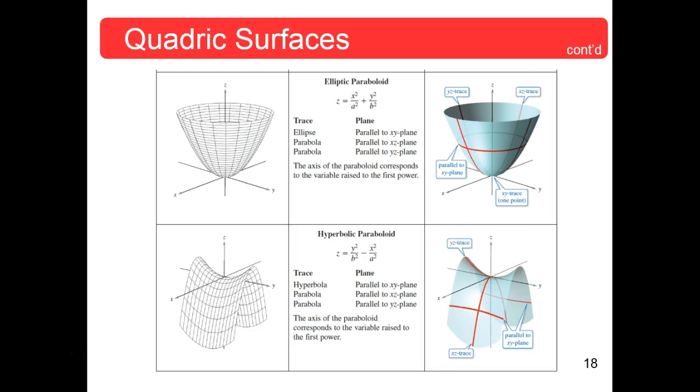So parallel to the xy plane, you have hyperbolas, and parallel to the xz plane and the yz plane, you have parabolas going in opposite directions. Let's just say that again. The xz plane, you've got parabolas. So here's the form: one first power, two second power, opposite sign in between.